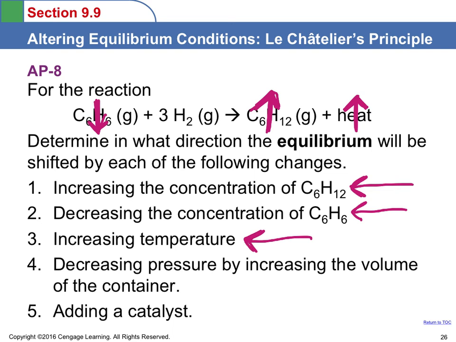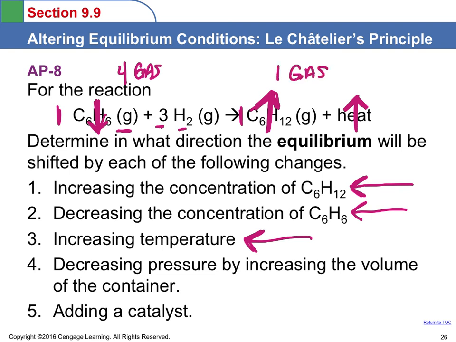Decreasing pressure by increasing volume. So here I need to look at the number of gas molecules. So I have 1 of the C6H6s. I have 3 of the H2s, so that's a total of 4 gas molecules. On the right, I have 1 of the C6H12.